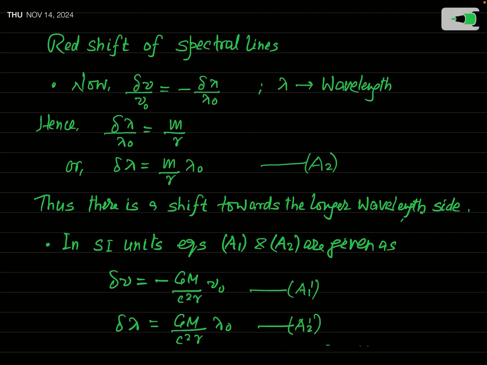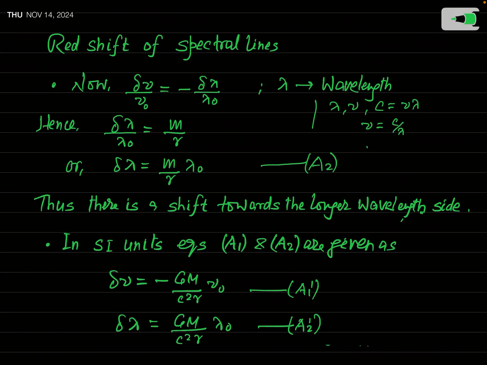Now you know, if lambda is the wavelength of the light, nu is its frequency, and c is its speed, then c is equal to nu times lambda, or you can say nu is equal to c by lambda.